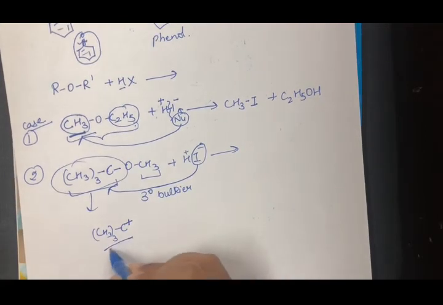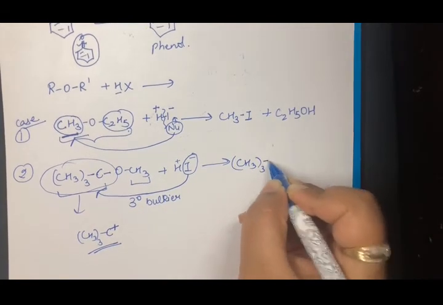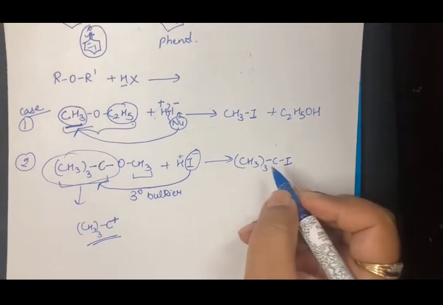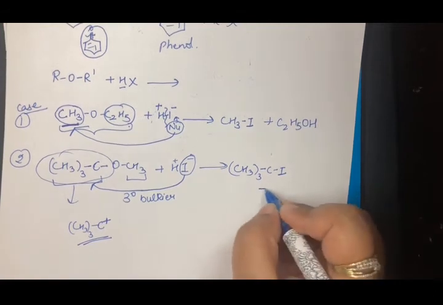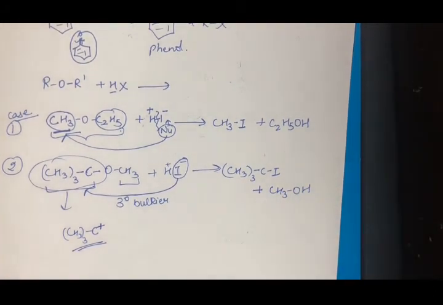So this is more stable. Now my iodide ion will go and attack the tertiary carbocation, and the other product would be CH3OH.